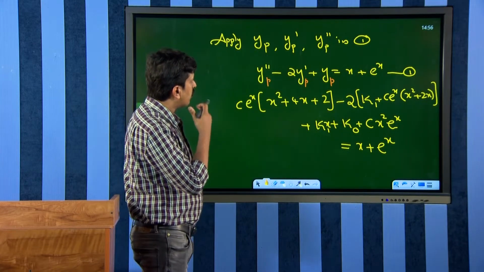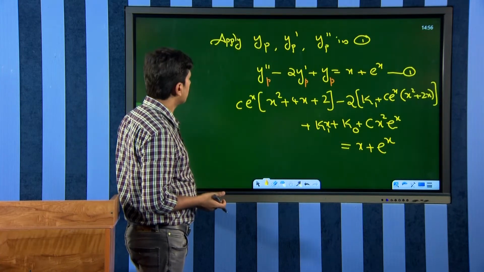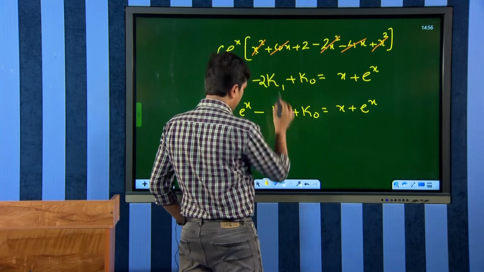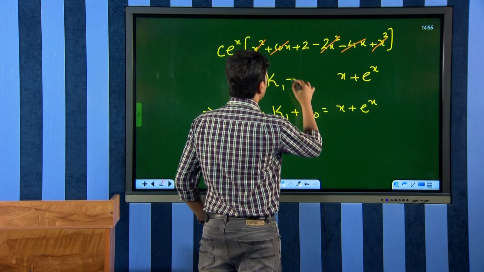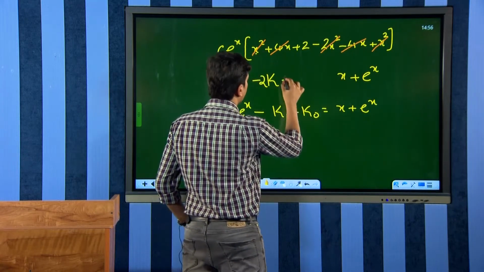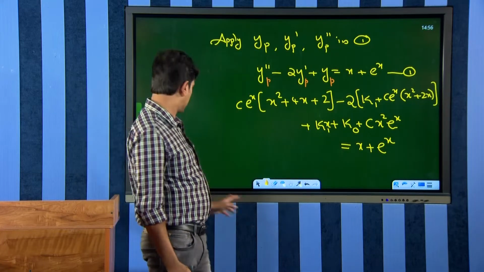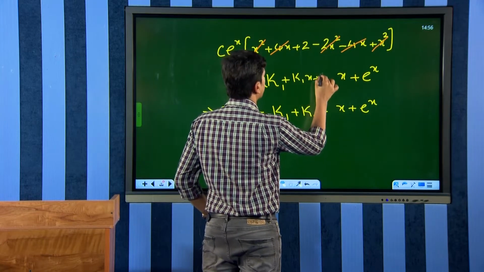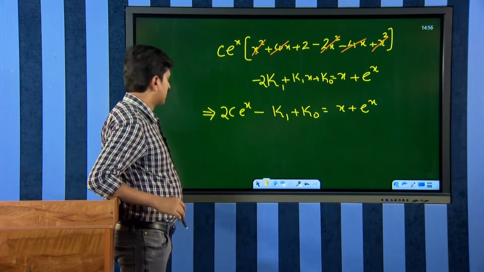So minus 2 k1 is there, sorry, here we have minus 2 k1 plus k1 x plus k naught is equal to x plus e raised to x is there. Okay, fine.